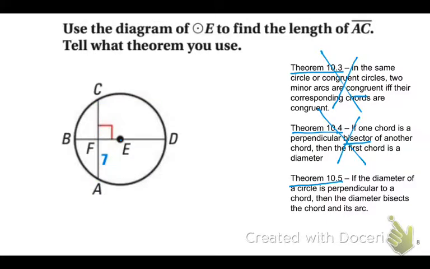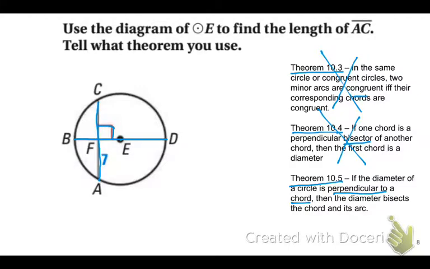If the diameter of a circle, and here we have a diameter, clearly a diameter, it goes through the center and it has endpoints on the circle. That's the definition of a diameter. So if a diameter is perpendicular to a chord, and here we have the chord, it says that it's perpendicular.